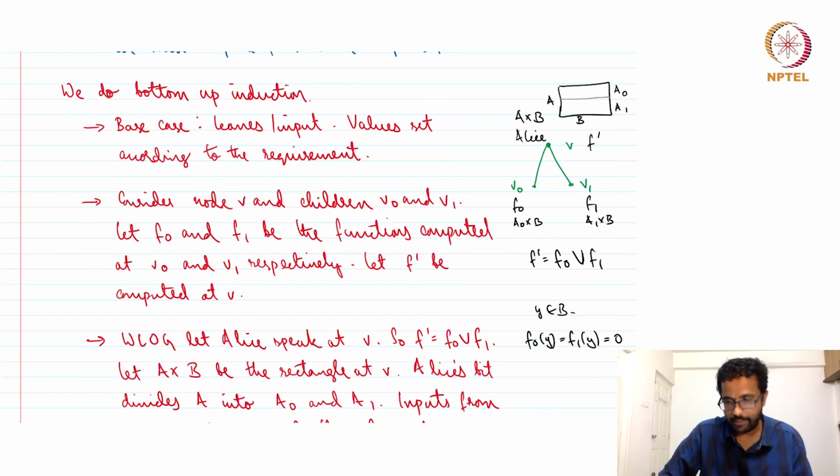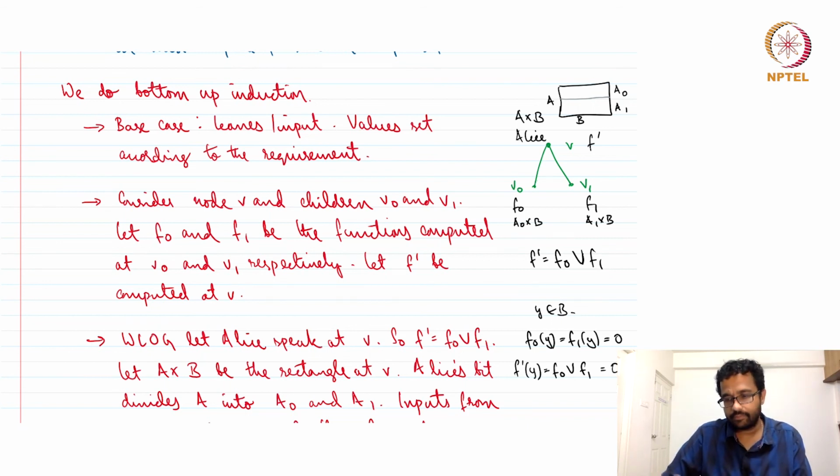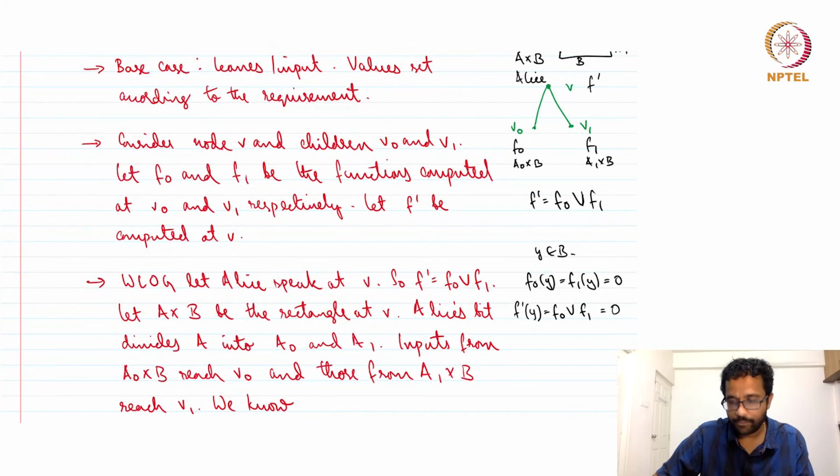This is the inductive claim. And hence, F prime, which is nothing but F0 or F1, even for this, F prime of Y is the OR of two zeros, which is 0. Okay. So for any Y in B, this is true.